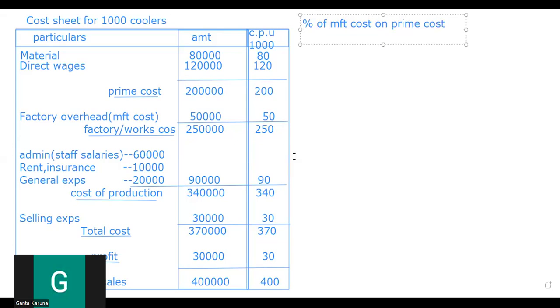So my formula is equal to manufacturing cost divided by prime cost, and that will be multiplied by 100. Here I'm underlining this so that it will be easy for me. So here, manufacturing cost divided by the prime cost multiplied by 100.